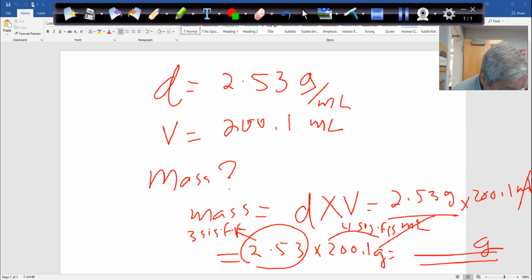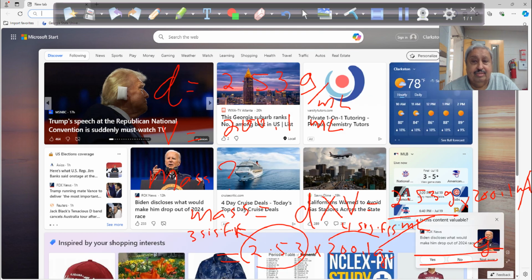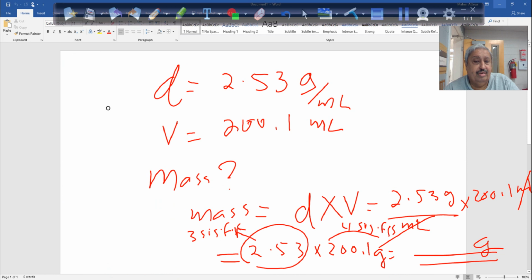And now those sig figs. Okay, so now sig figs. Well, it turns out to be, if you allow me here, I'll Google. Let me take this one here. Everybody has this?